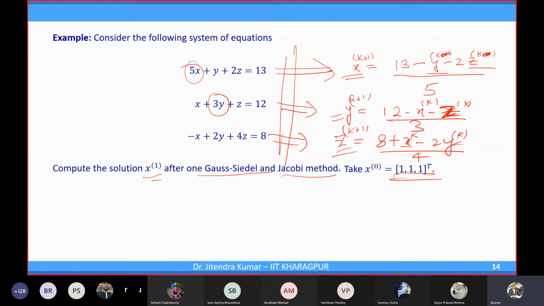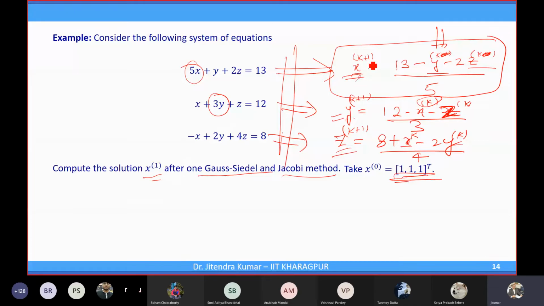If I want to get Gauss-Seidel, obviously x will be computed as it is. There is no change. You will put the initial guess on the right hand side, and you will get the new x. So the x in both will be the same. But now when you compute y, in the Jacobi you were using x as 1 from the previous iteration.